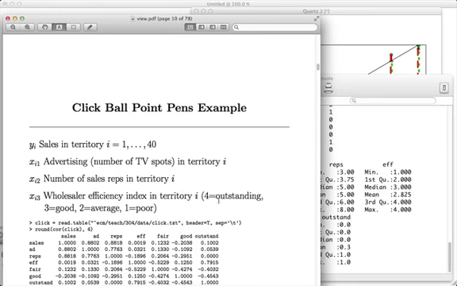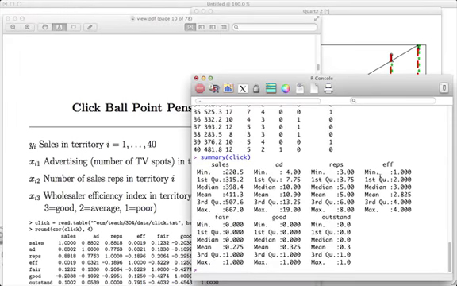So some are outstanding, that's a 4. Some are good, some are average, and some are poor. So that's what this effectiveness variable is. We're going to ignore the last 3 variables until a later time. So then the question is, how does advertising, the number of reps, and the wholesaler efficiency affect sales?